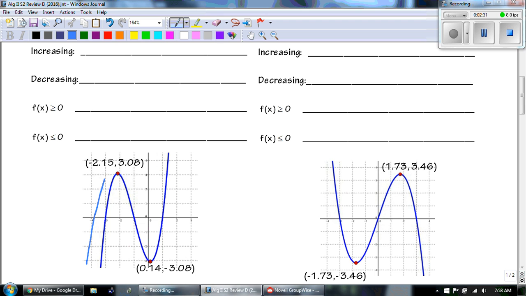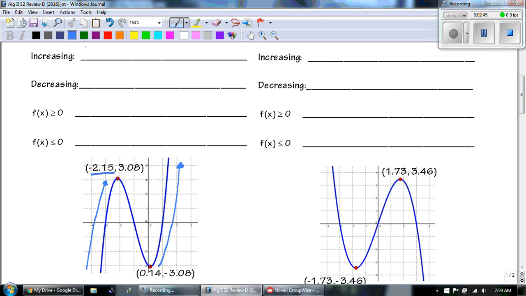Well, from negative infinity to negative 2.15, and then from 0.14 to positive infinity. Remember that we're using the domain for this. Those are the x values.